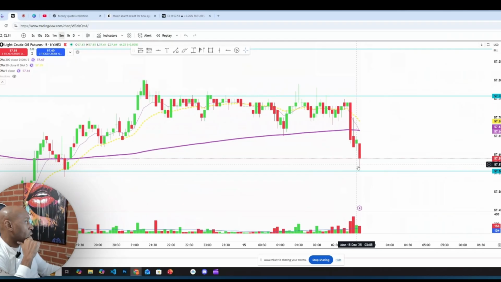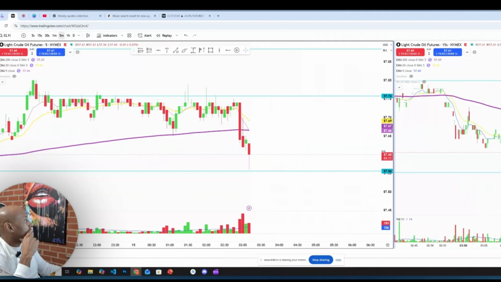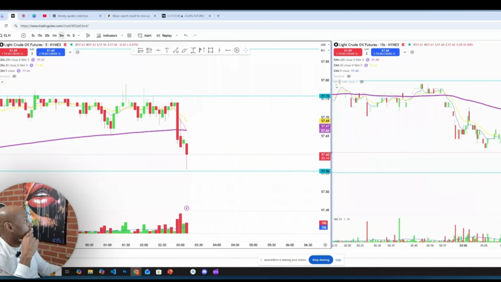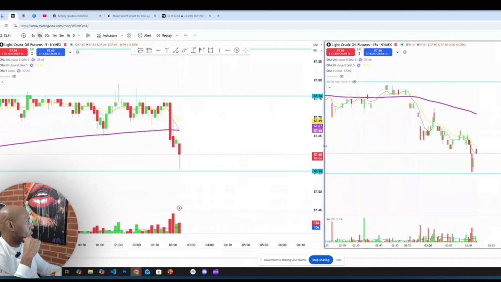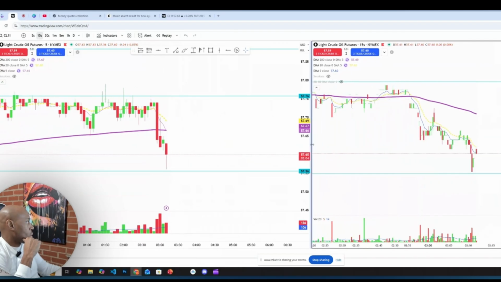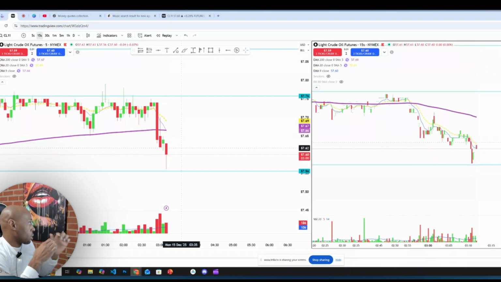I see the price has shown some rejection from my support level that I previously drew at 57.56. So I'm waiting for a certain pattern on the 15 second before I decide to jump in or not to jump in.